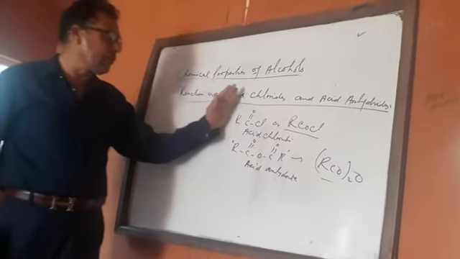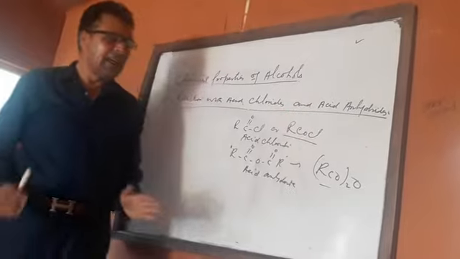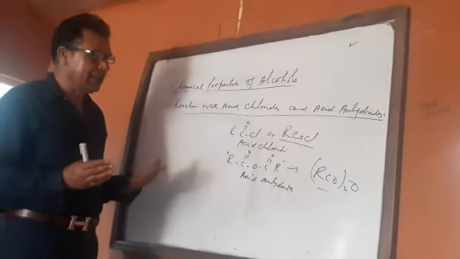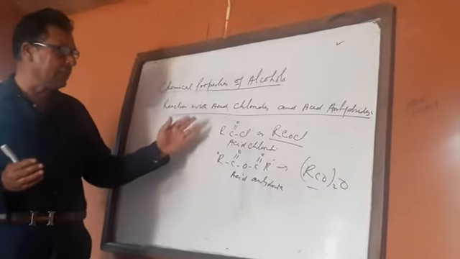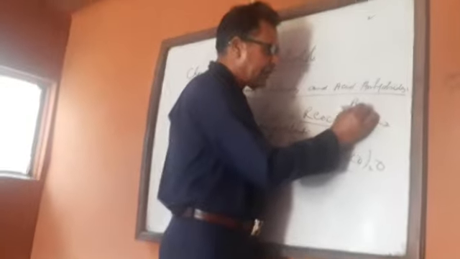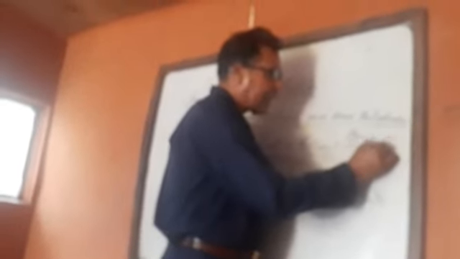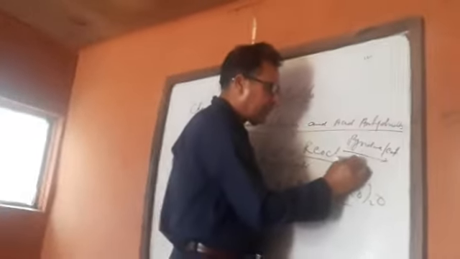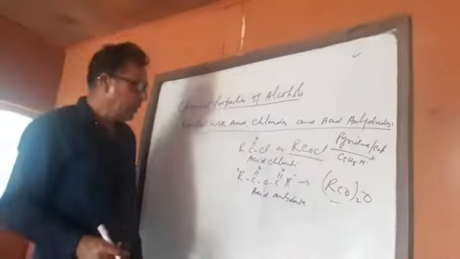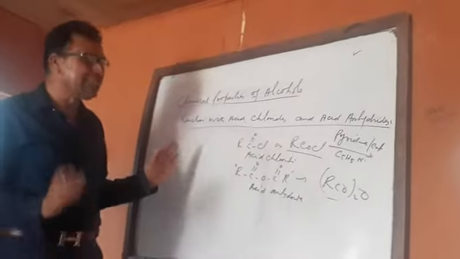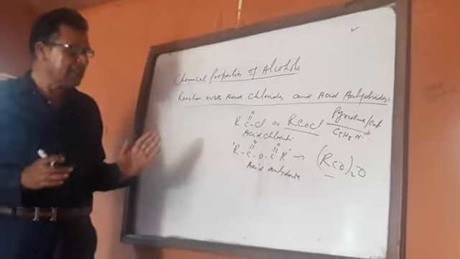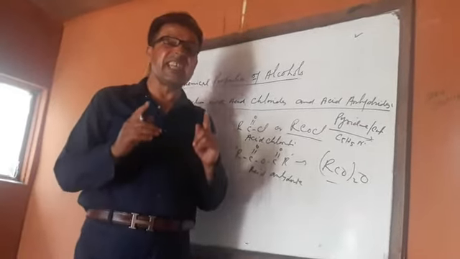Reaction with acid chlorides and acid anhydrides. Alcohols react with acid chlorides and acid anhydrides in the presence of pyridine, C5H5N, as a catalyst to form corresponding esters. This reaction is also known as acylation.